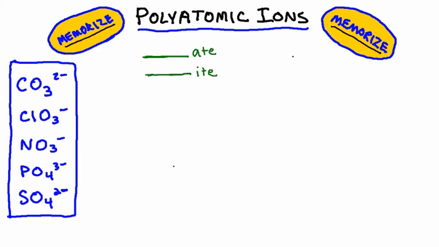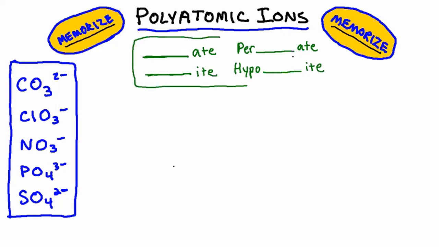And then if it's a super ate, if it has another oxygen on top of that, then we're going to have per, and then the element's name, and then ate. If we have very few oxygens, if we have one less oxygen than the ite form of the polyatomic ion, we're going to add the prefix hypo, and then you say the element's name, and then with the ite at the end. So that's the pattern for naming all of these.